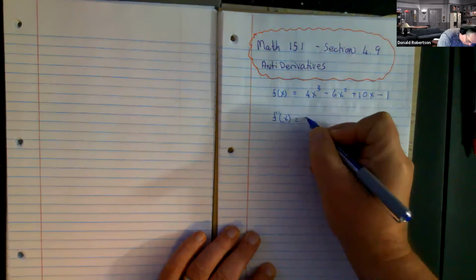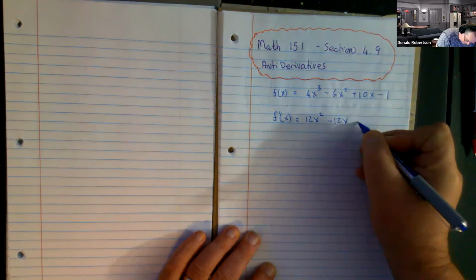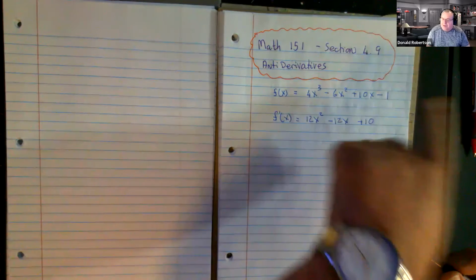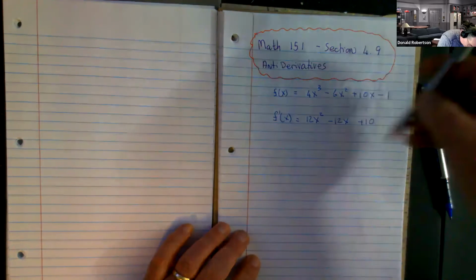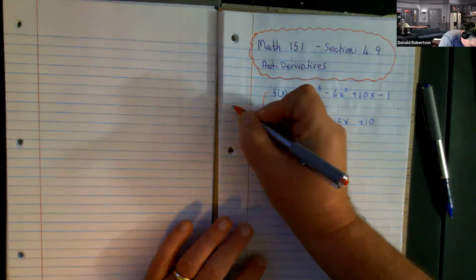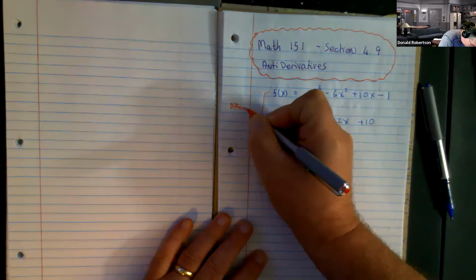Well, I do the power rule, multiply by the power, reduce it by 1, and you get 10, and that number would just disappear because the derivative of a number is 0. Now, when you go from this function to that function, we call that process differentiation.